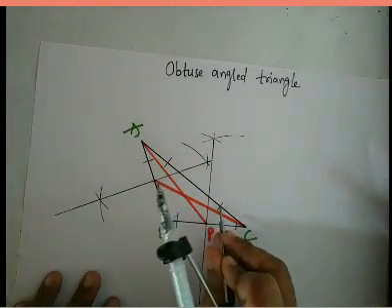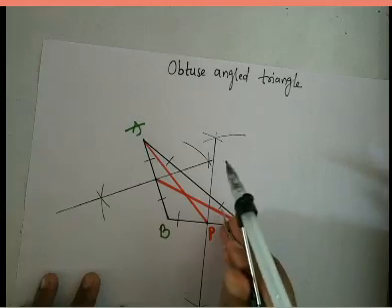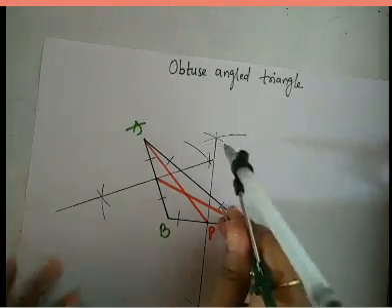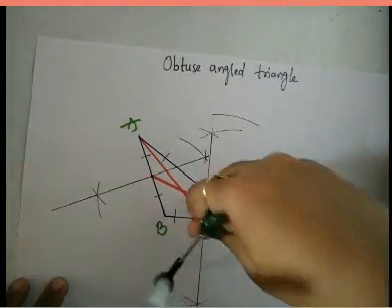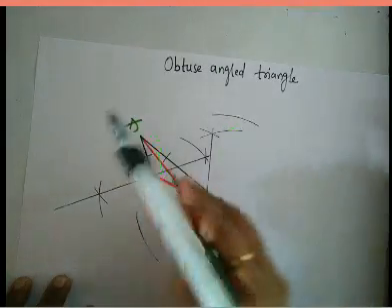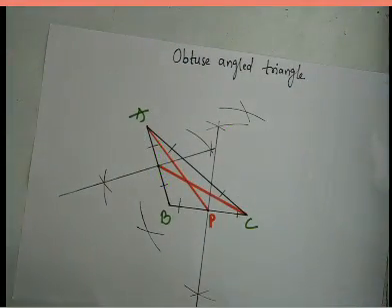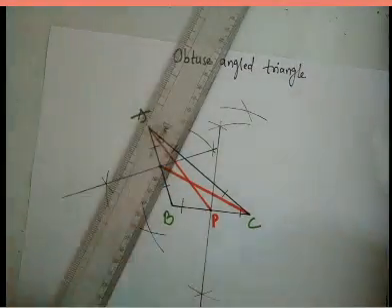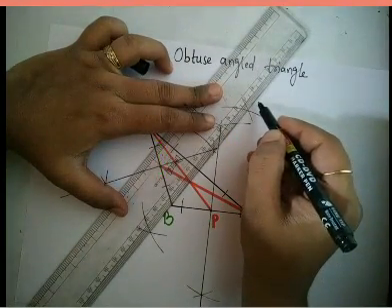I'll keep the pointer on this arc, draw an arc up and an arc down. Without disturbing this distance, keep the pointer on the other arc, draw an arc up and an arc down. Join these two. So here I have joined.